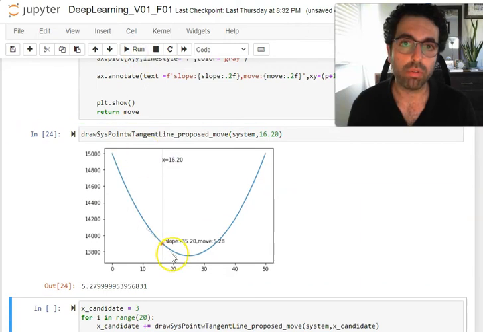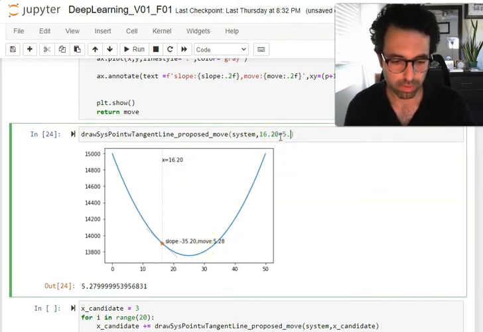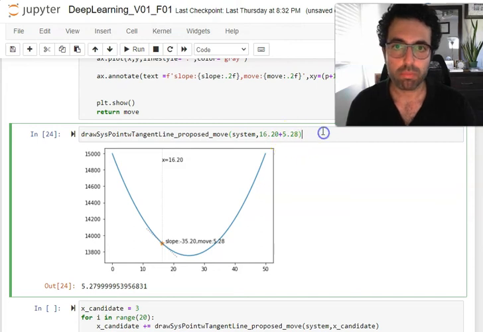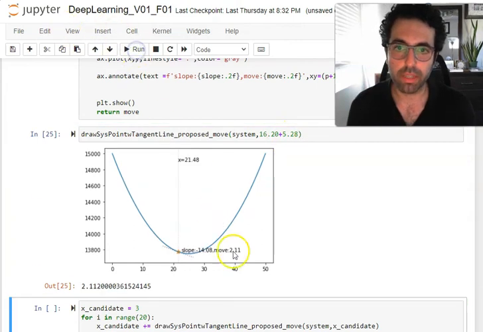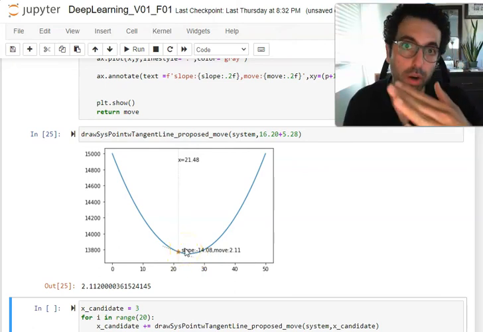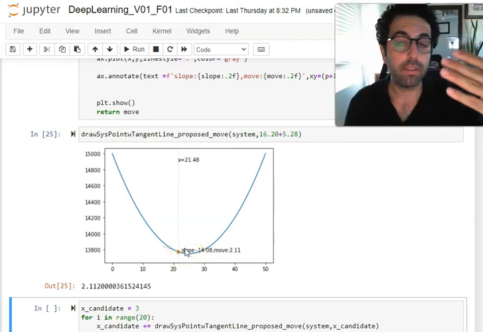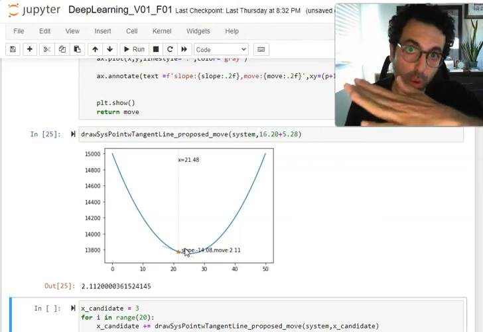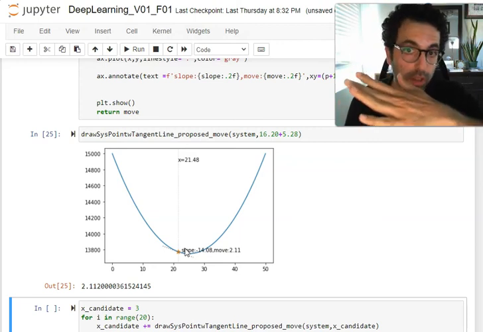So we moved closer to the optimum value, and it says you're at 16.20 based on the slope being negative 35, and let's move 5.28. So we move 5.28, and we get closer to the optimum. You can see as we get closer to the optimum, because of the learning rate, and because the slope changes, the slope is not as high.